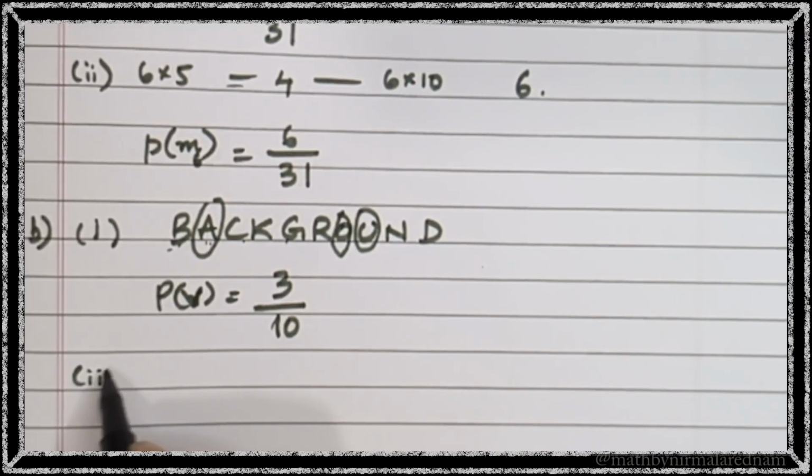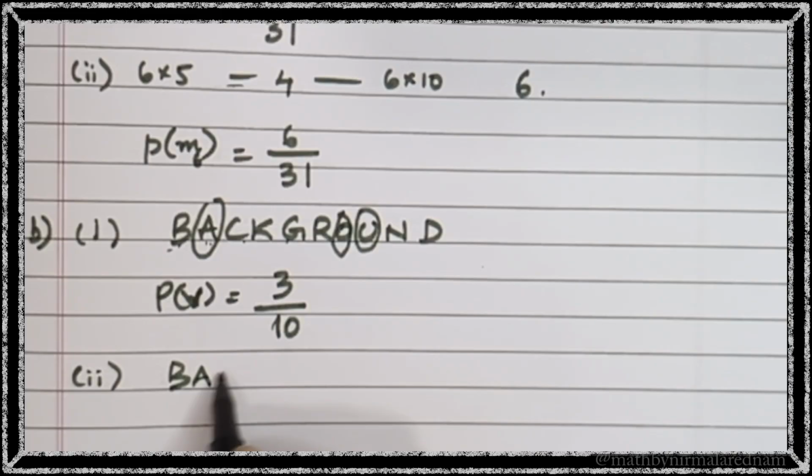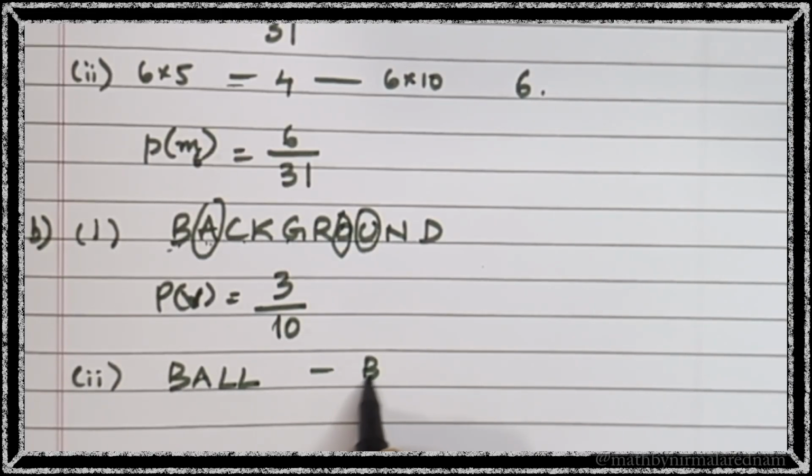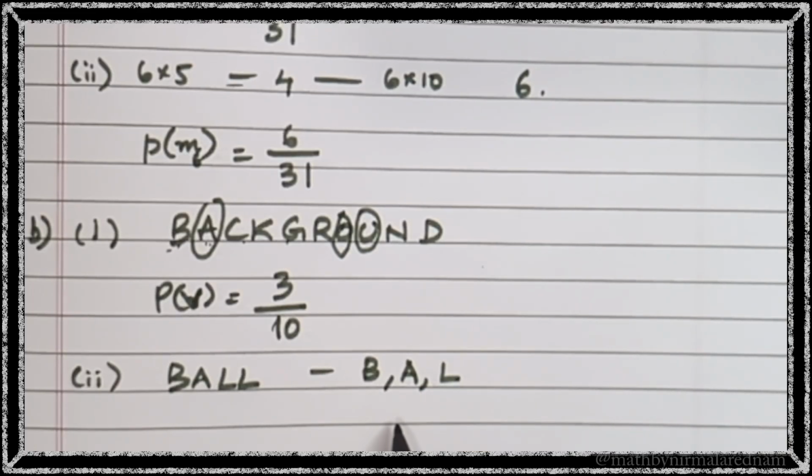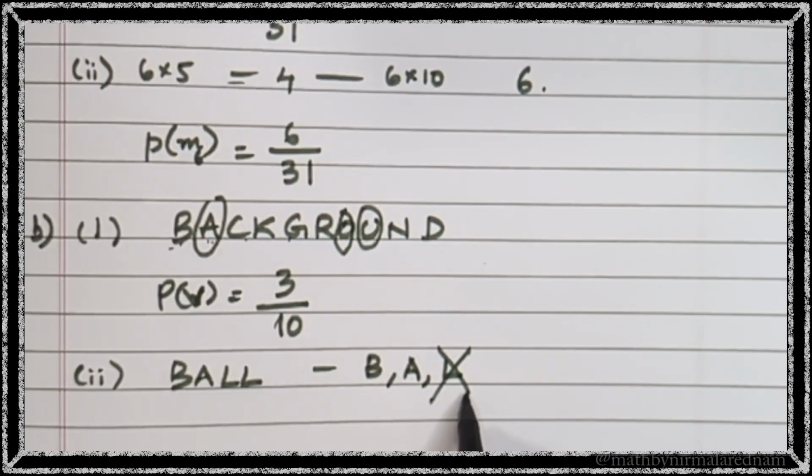Next they say, what is the probability that it is present in the word ball? Now what are the letters in the word ball? B, A and L, right? So L is not possible because L is not present in background, but B and A are possible.